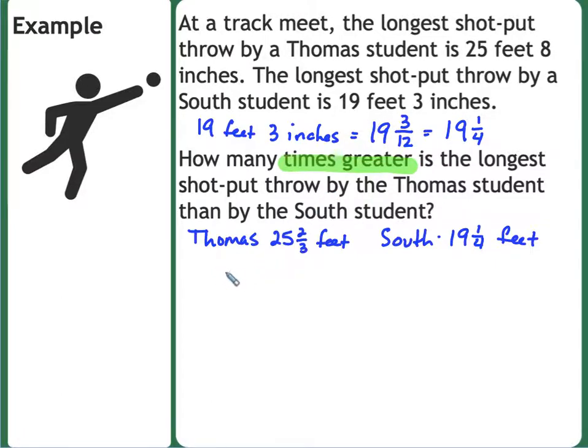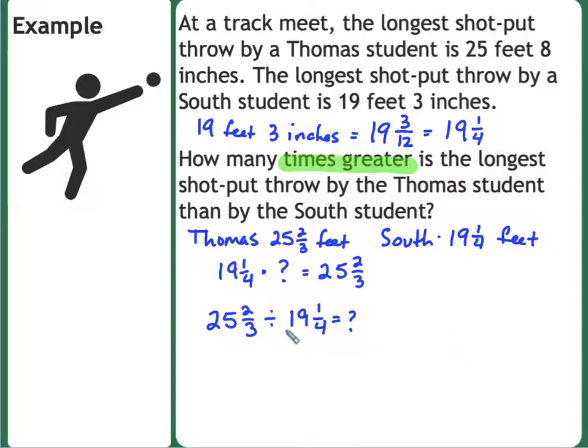So again, it's asking us 19 and 1/4 times what is equal to 25 and 2/3. Now we can rewrite this as a division problem by saying, well, 25 and 2/3 divided by 19 and 1/4 equals what?